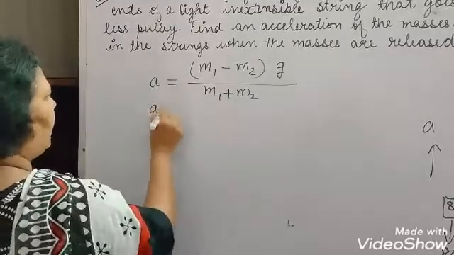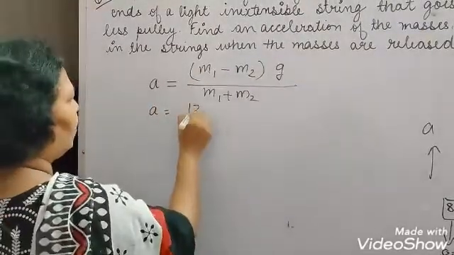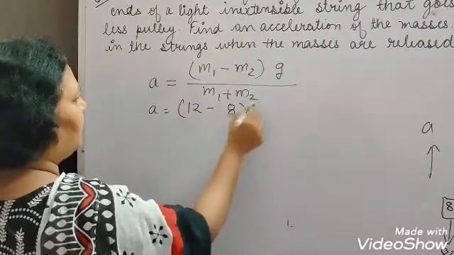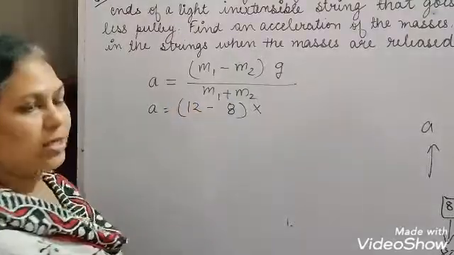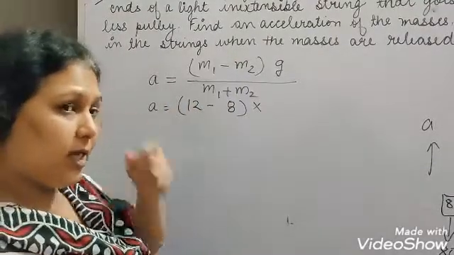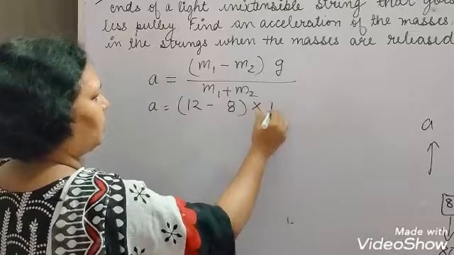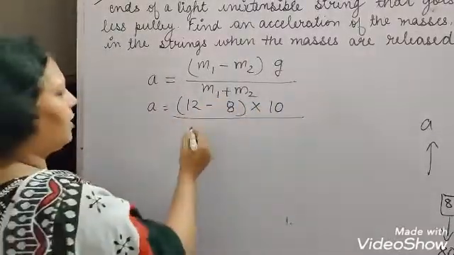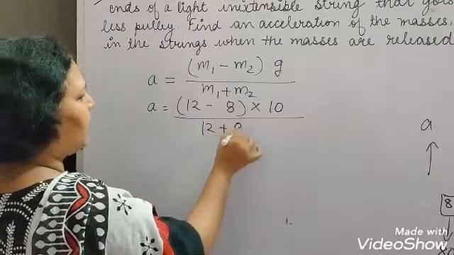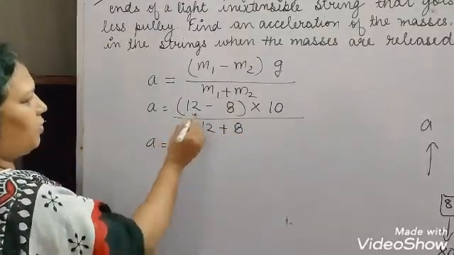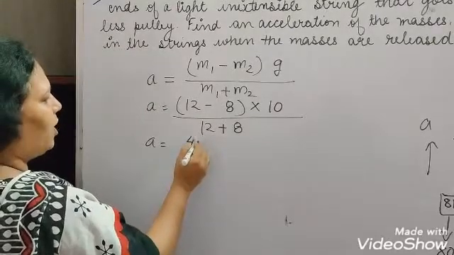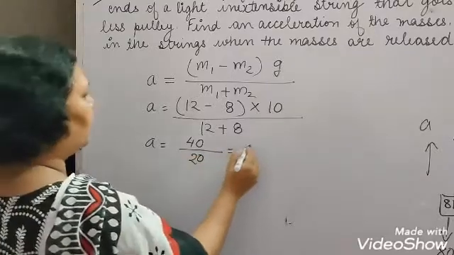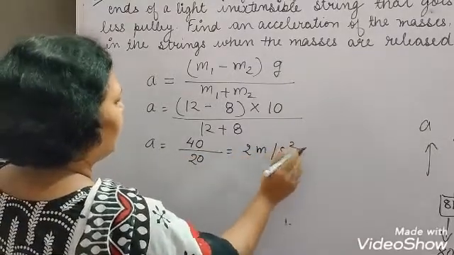So m1 is 12 kg, m2 is 8 kg here, and g we can take 9.8 meter per second square, or we can take 10. For convenience, I am just taking 10 meter per second square. So the acceleration you will find 12 minus 8 is 4 into 10, that is 40, and 12 plus 8 is 20 here. So it is 2 meter per second square.